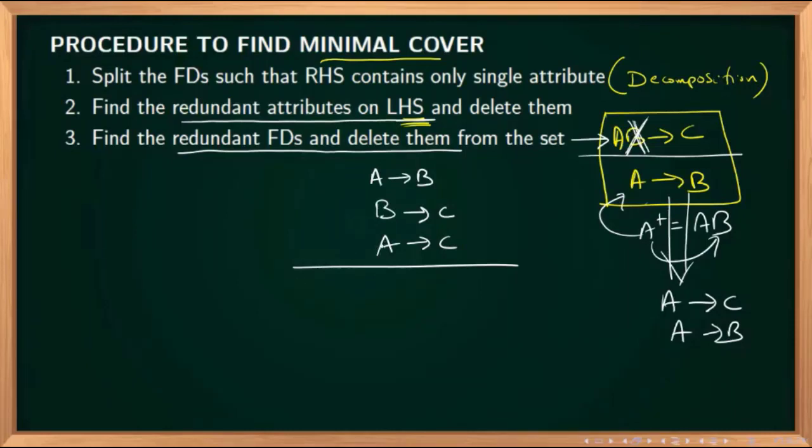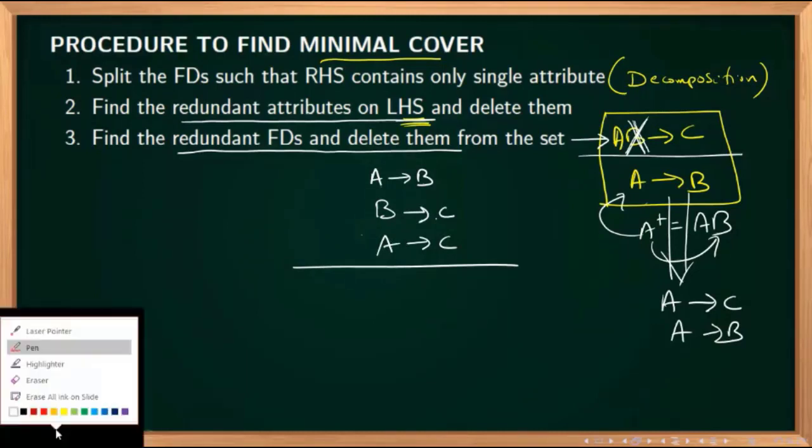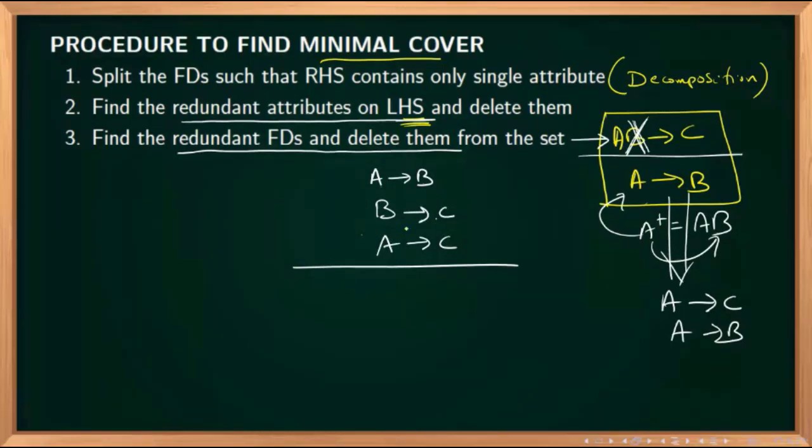Now you might have got it through transitive dependency. A to B is there, A to C is there. If it is redundant, I already told you, how can you find the redundant FD? Membership test you can do. This is the significance of that membership test. A to C is irrelevant. Why?